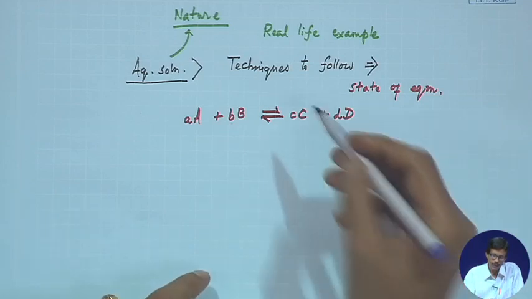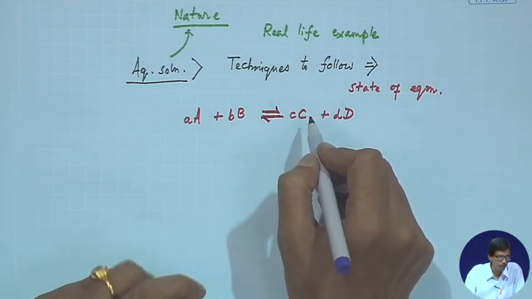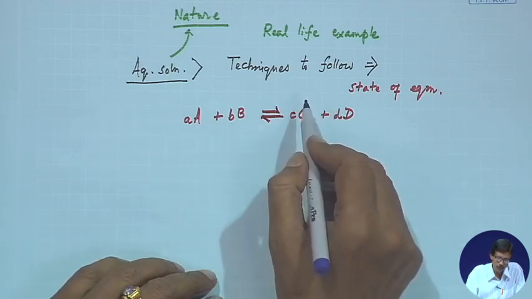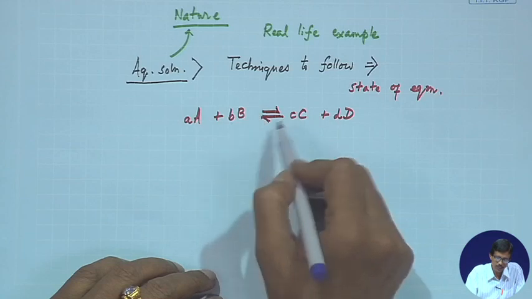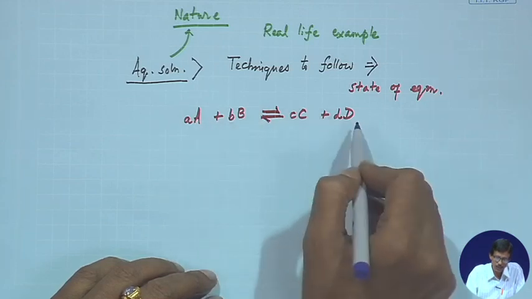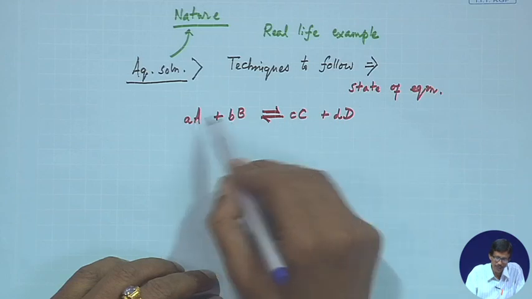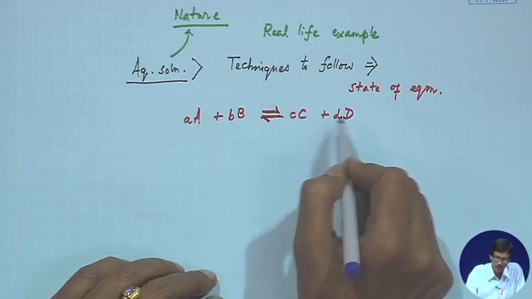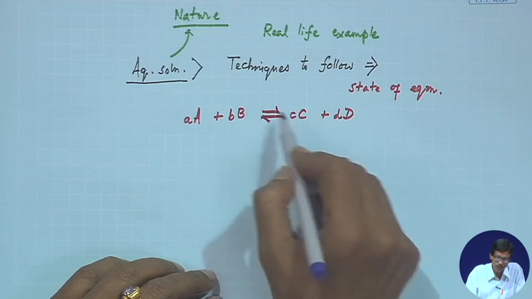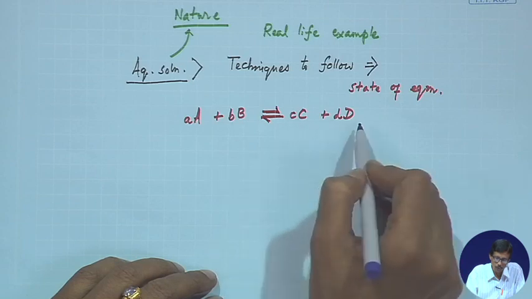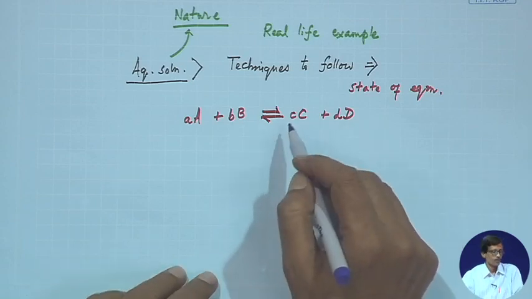After some time equilibrium is reached and we have all these species in solution. If the equilibrium is such that the reaction goes towards completion, that means 90% of A is converted to C or B is converted to D, then only 10% remains. So the equilibrium gives rise to concentrations of all these species in different ratios.